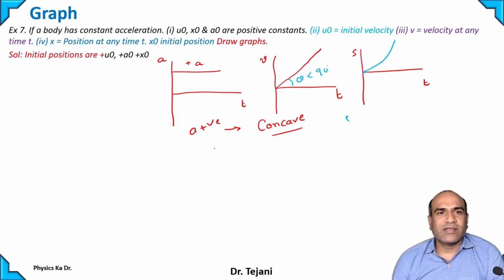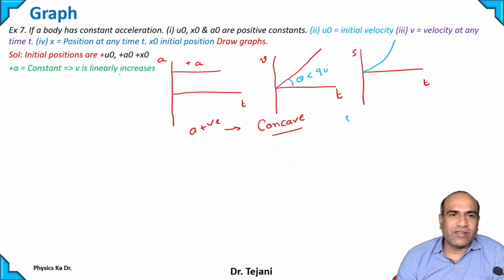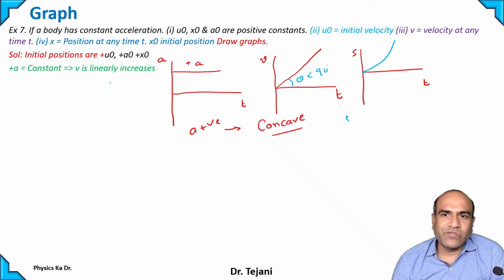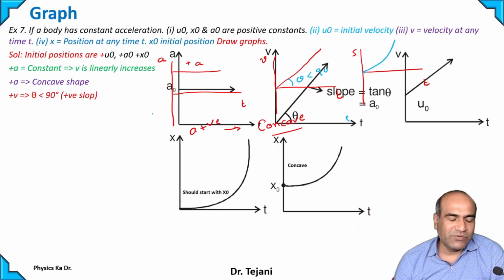Let's see here. Initial positions are positive: u0, a0, x0 positive. Fine. A is positive constant, so v is linearly increasing. That we already did in this graph. A is positive, so it gives a concave shape, and theta is less than 90 degrees. We have checked.